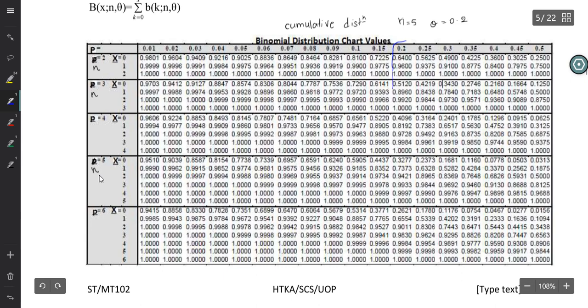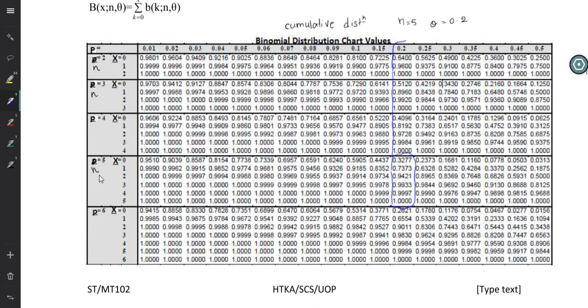So these are the probabilities you need. 0.3277 is the probability x equals 0. 0.7373 is the probability x less than or equal to 1. Remember, this is the cumulative distribution, so 0.7373 is not x equals 1, but x less than or equal to 1.